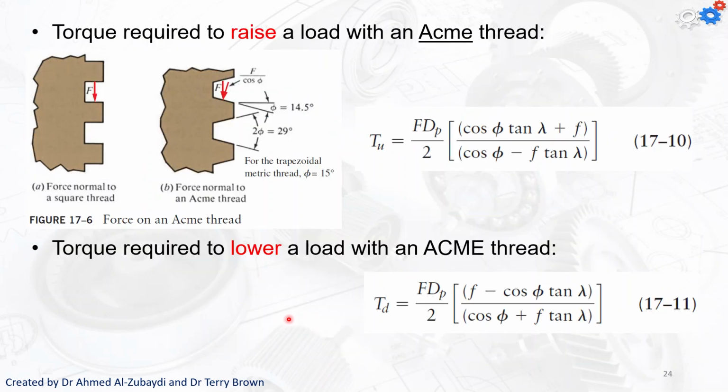Okay, so if we have a different type of thread, in this case the Acme thread, there's a variation to the equation.